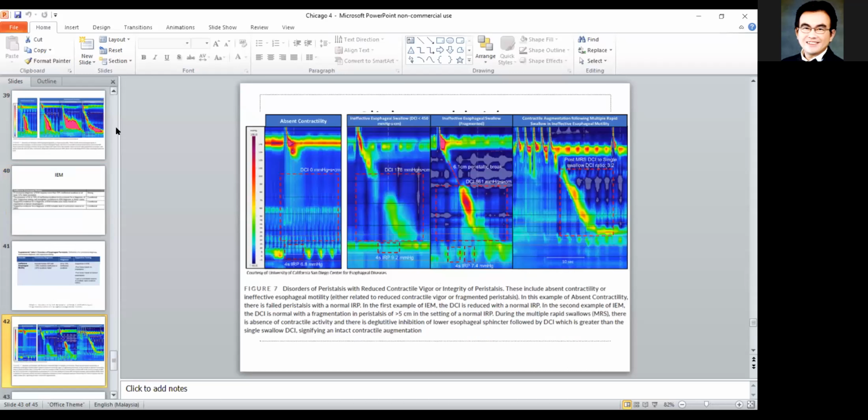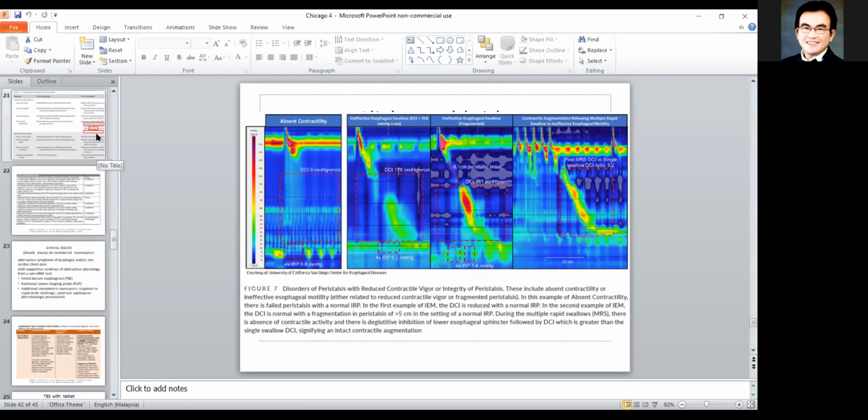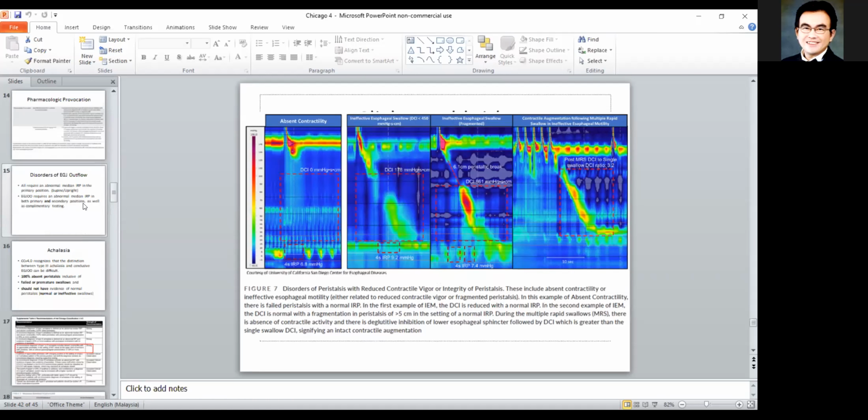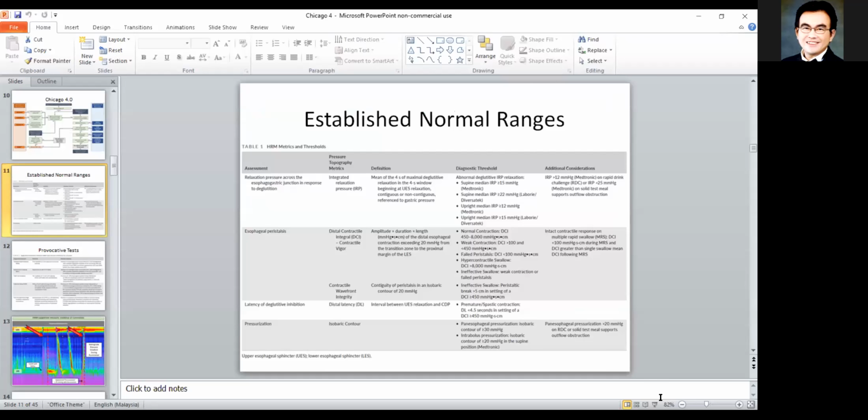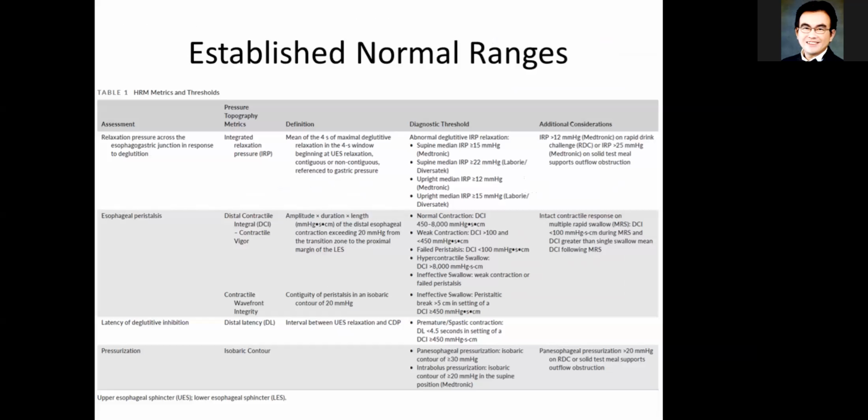For MMS, it's about 19, and for the Diversitech probe, it can be 20. So when we say borderline high IRP, you need to know exactly what the upper normal limit is for that particular probe.